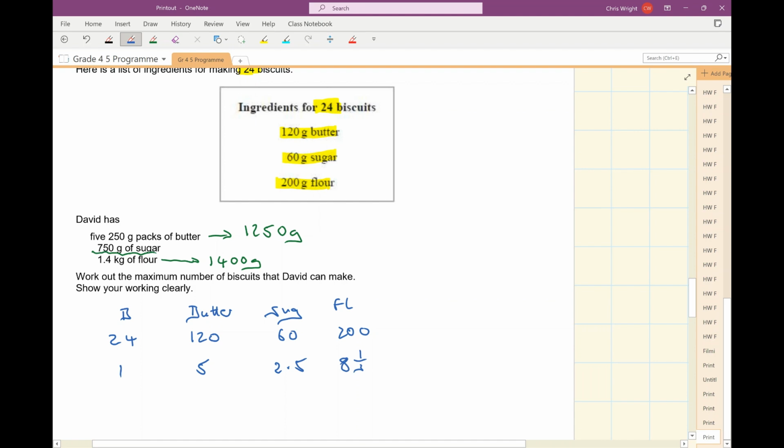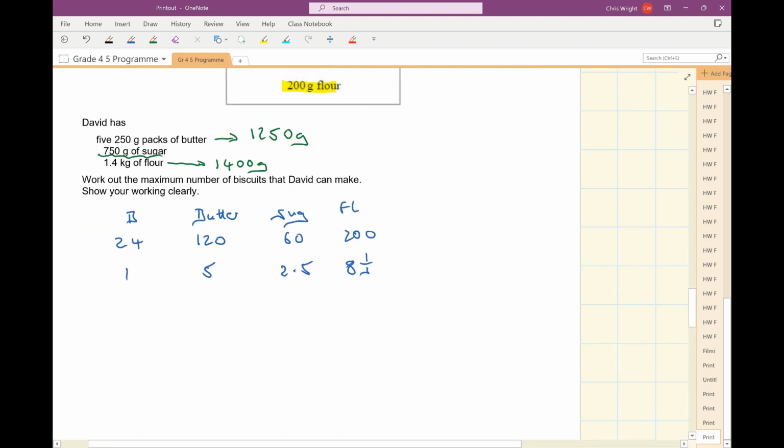Okay, now, if it was just about how much butter he had, let's look at the butter. He's got 1,250 grams of butter. Now he needs 5 grams for every biscuit. So he's got enough butter to make 1,250 divided by 5, 250 biscuits.